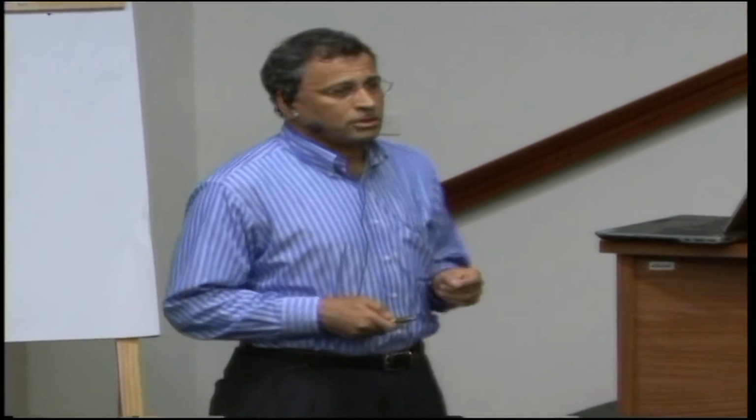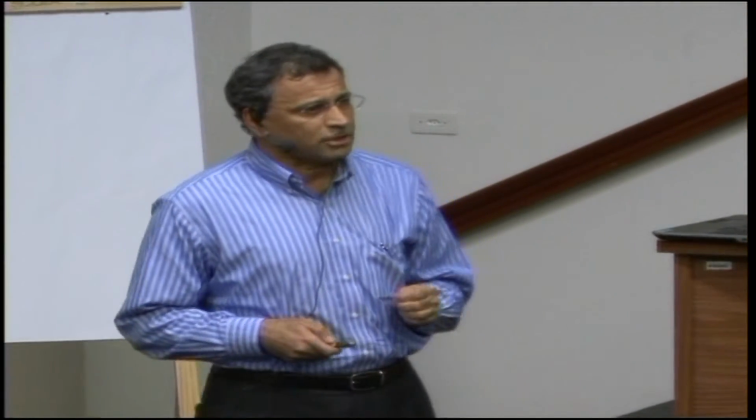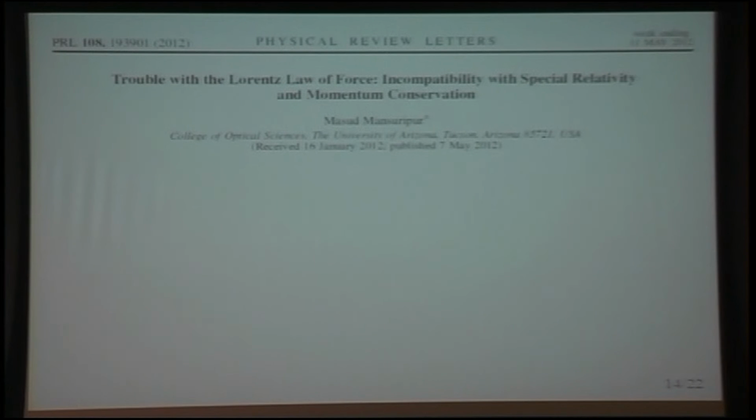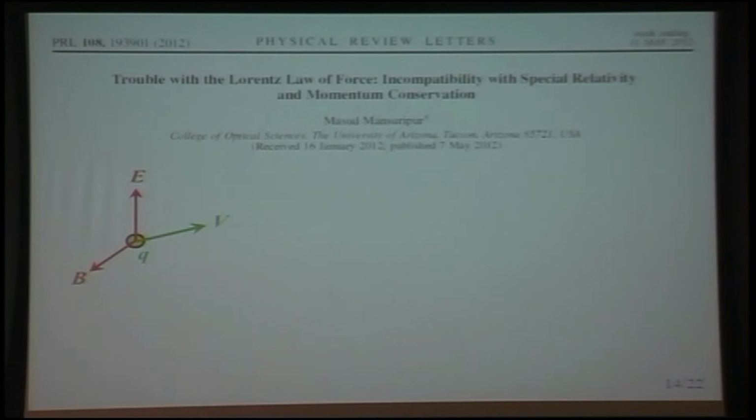Now, last May, I published a paper which got me into a lot of trouble, caused some controversy. And in that paper, I said there is some trouble with the Lorentz law of force. It's incompatible with special relativity and momentum conservation. So on a charged particle, the force is given by the Lorentz formula.